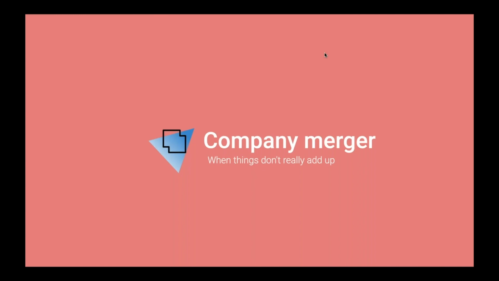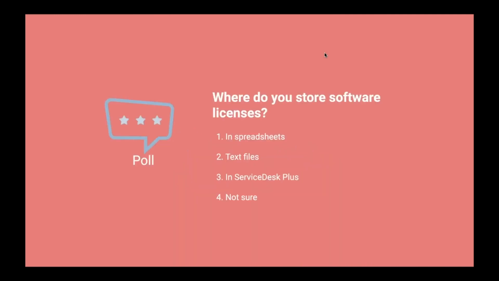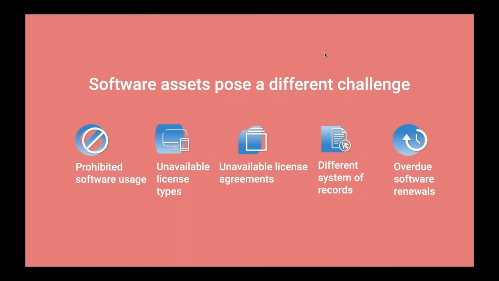But if they don't, if there is no visibility, as the IT team might not have any visibility of what software was purchased, then there is going to be a hassle, because they might not be sure what softwares are actually prohibited, what license types are being used, whether there are any license agreements, and when the licenses are due.